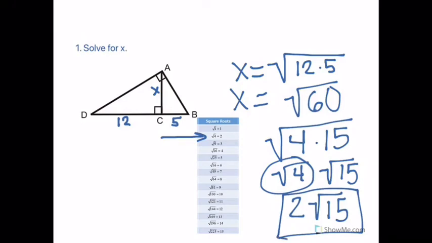So 2 radical 15 is my final answer. If you need more help getting from radical 60 to 2 radical 15, simplifying that radical, just go back and rewatch the video Simplifying Radicals. So the length of this altitude is 2 radical 15. Let's try another one.